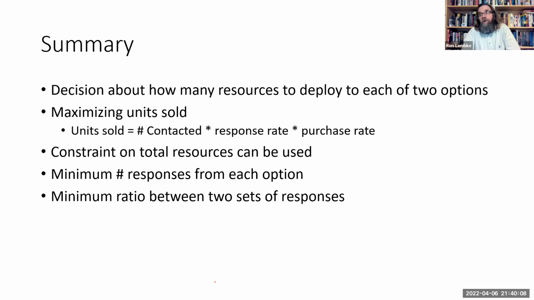We had a goal of a minimum number of people to do test drives or respond to the offer in each option. And then we had this constraint about the ratio between the two. So we wrote out the linear program. We solved it in Excel. We looked at the answer report and we looked at the sensitivity report. I hope this was helpful. If you're still a little shaky, go back and watch it again, and ask me questions in class next time.